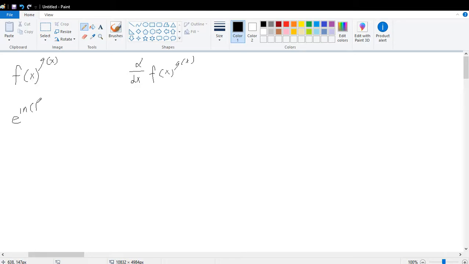So e to the ln of f of x to the g of x. Using another log rule, we can change this to e to the g of x times ln of f of x. So this is the form we're going to use, because this we can actually derive. We don't have a general rule for a function to another function. So that's what we'll use.